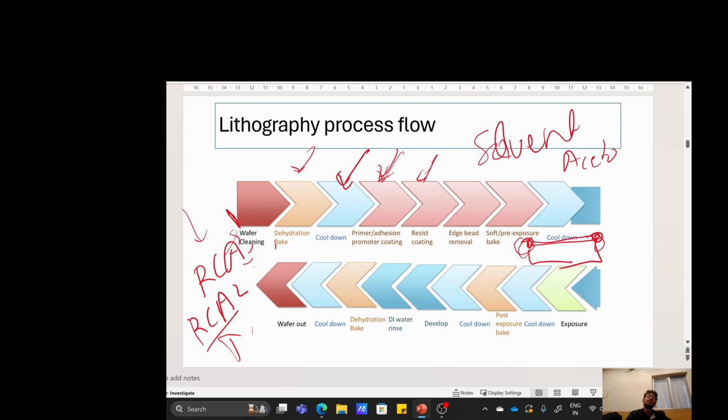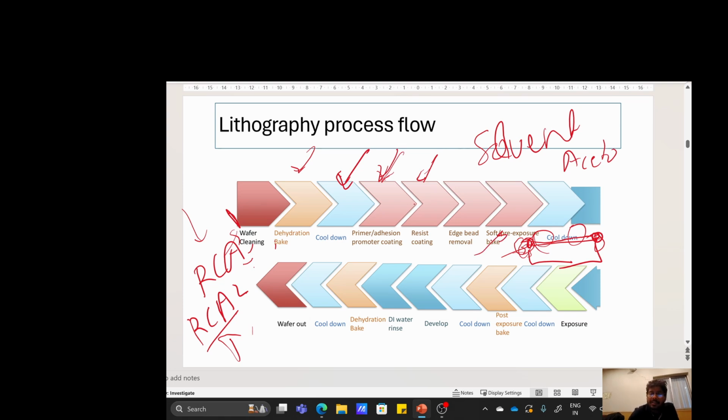We can remove these beads by increasing the spin coating speed for just 5 seconds, and at that point these beads get removed, or we can remove them with the buds also, but that will affect the layer. So there are some methods to do that.